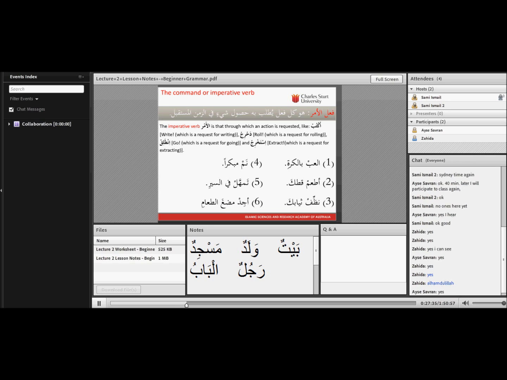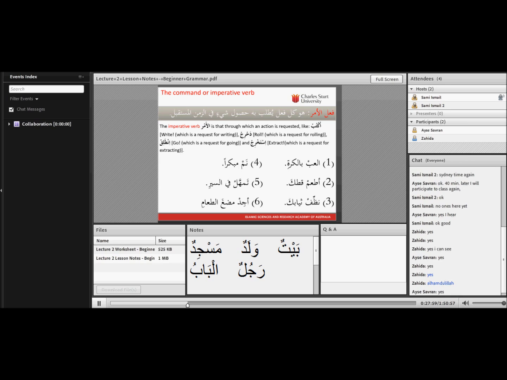So once you learn the verb patterns, and once you learn how a mudari and an amr is constructed, inshallah you will learn that later on, then you can just put that word in the pattern, and you already have an understanding of the meaning. So that's extremely important.